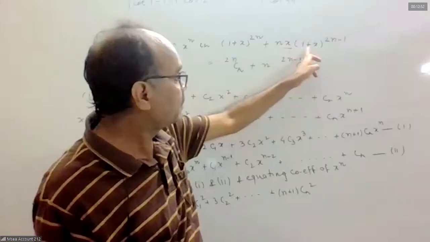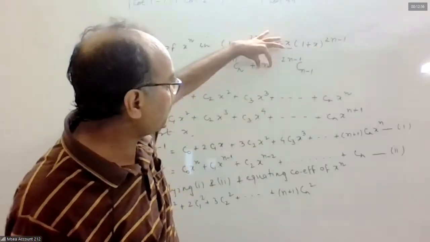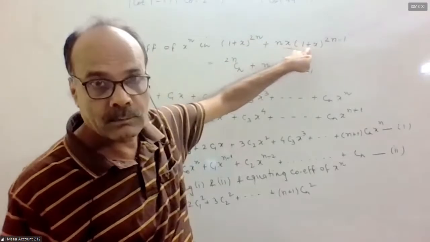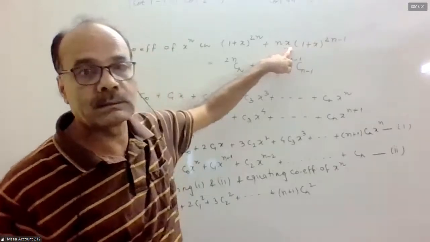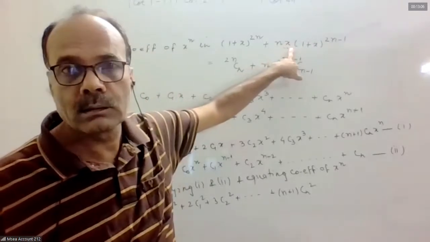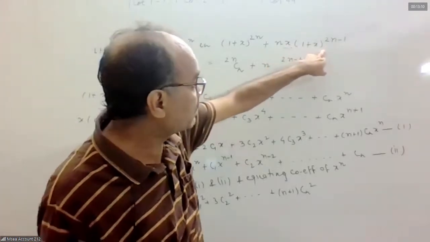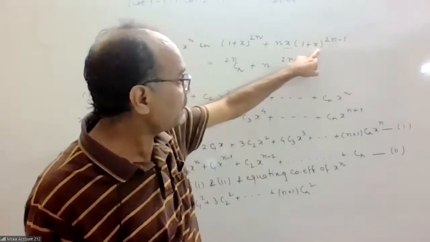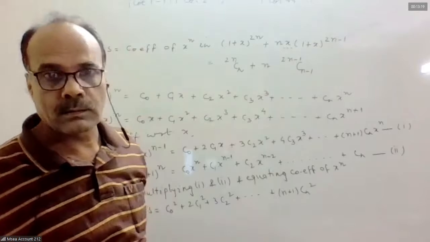You expand it binomially. This constant will remain constant. The term which involves x to the power n minus 1 here, multiply that term with x. That will give us x to the power n. So what is the coefficient of x to the power n minus 1 here? 2n minus 1 C n minus 1. Yes. Got it.